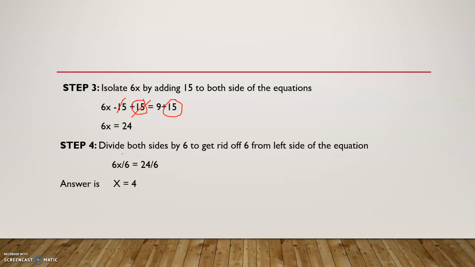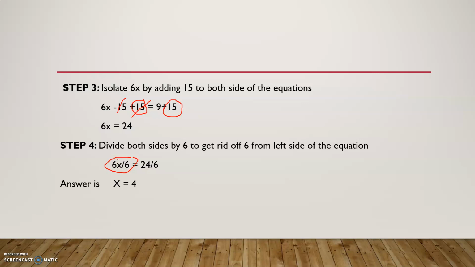Now step number 4. We just want the value for x, so we need to get rid of the 6. The way we can do that is to divide both sides by 6. So 6x divided by 6 equals, and we have to do the same thing on the right as well, 24 divided by 6.